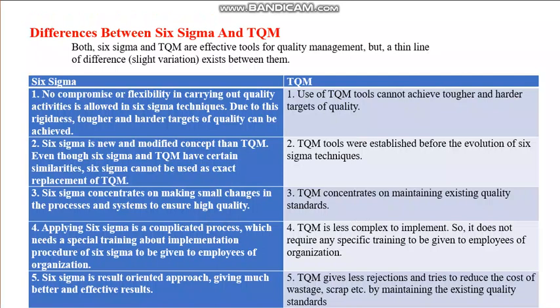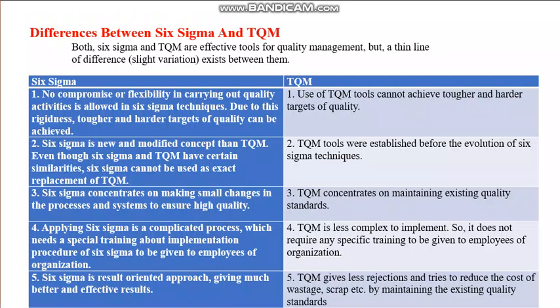From far it looks like both are the same. That's why we say a thin line of difference exists. Now, first difference: no compromise or flexibility in carrying out quality activities is allowed in Six Sigma techniques. Just now we said it is a very rigid technique.